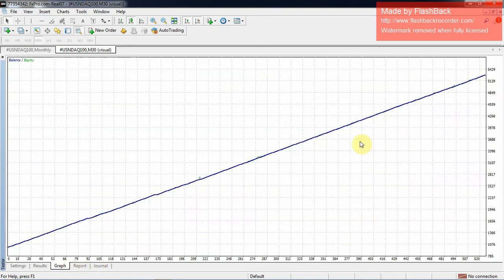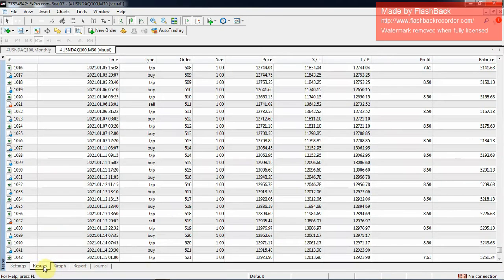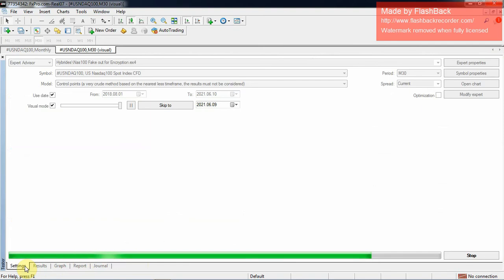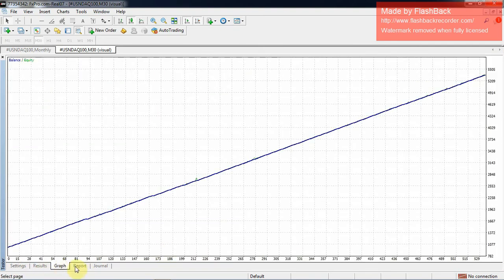So we are now in January 2021. 5.4k. Okay, those are the results. That's the progress there. 5.5k, over 500 trades.